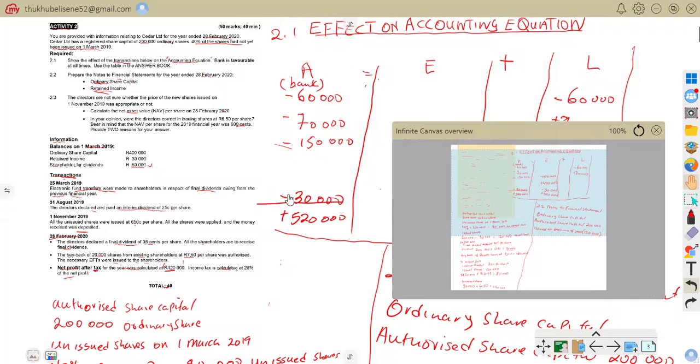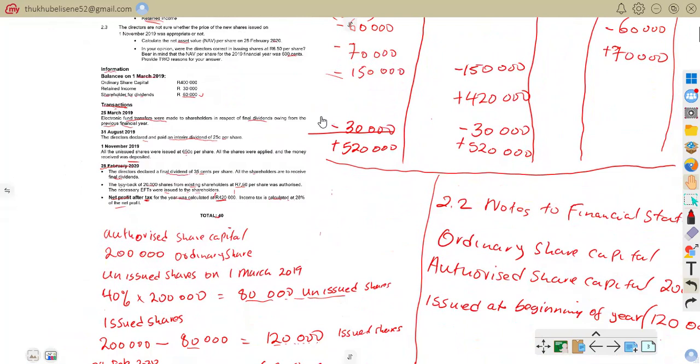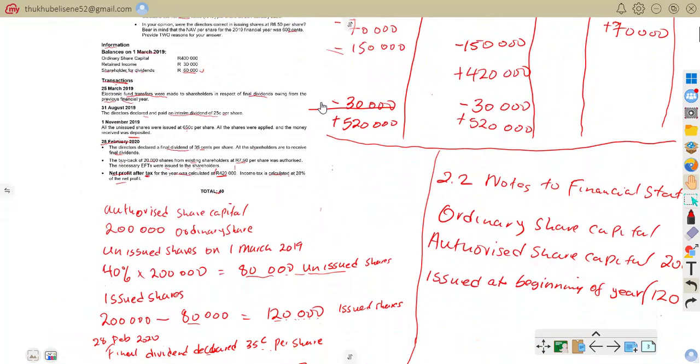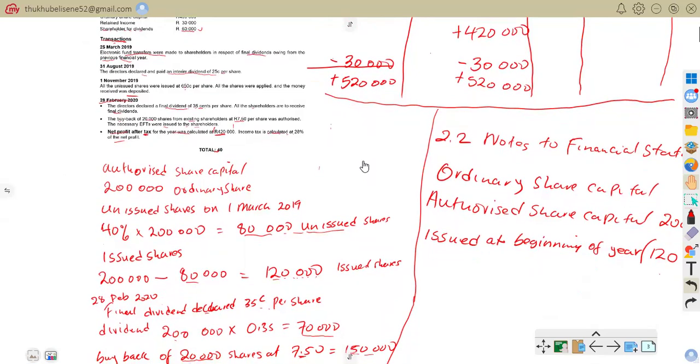So here we are on the shares that were issued, to remind us how we came up with 120,000 as our issued shares. As we can see, you remember that we calculated the issued shares by subtracting 80,000 from our authorized share capital to get this 120,000 issued shares.